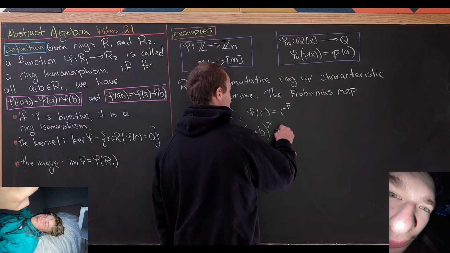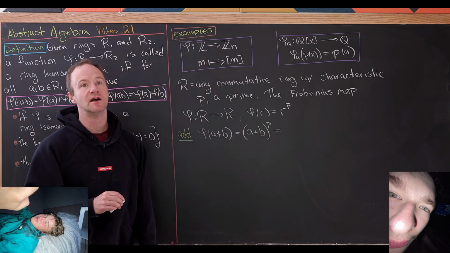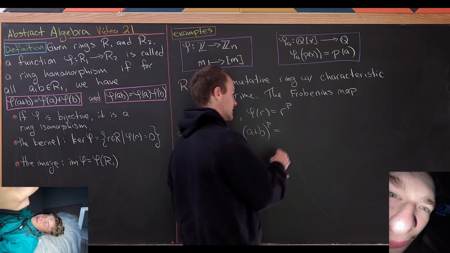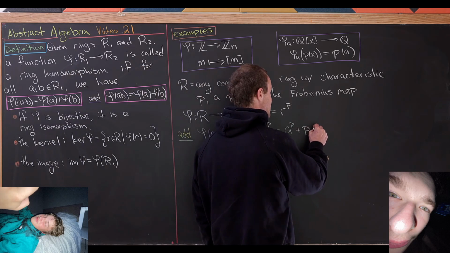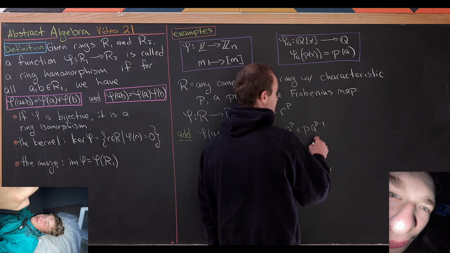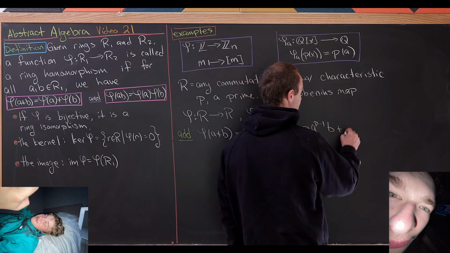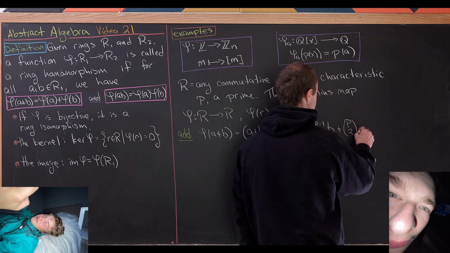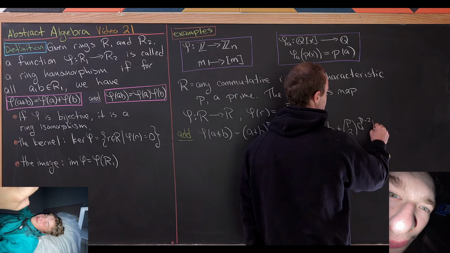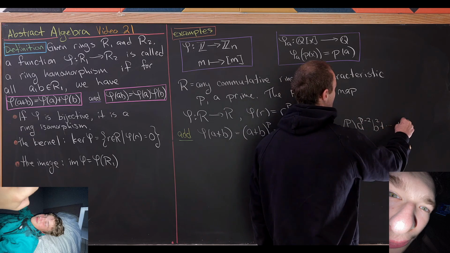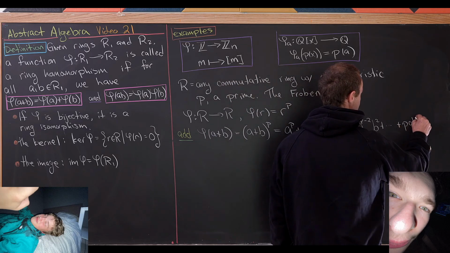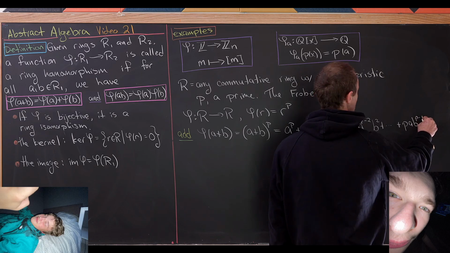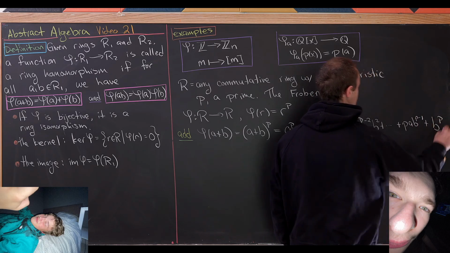That's because we can expand this out using the binomial expansion formula to a to the p plus p times a to the p minus 1 times b plus p choose 2 times a to the p minus 2 times b squared, all the way down to p times a times b to the p minus 1, and then plus b to the p.